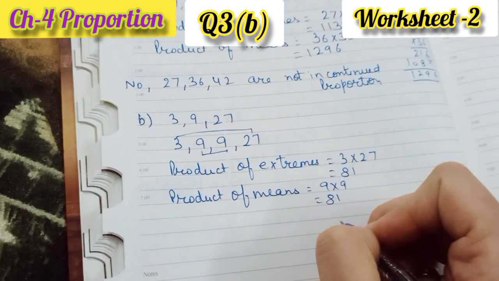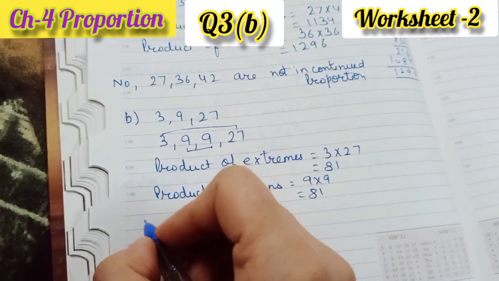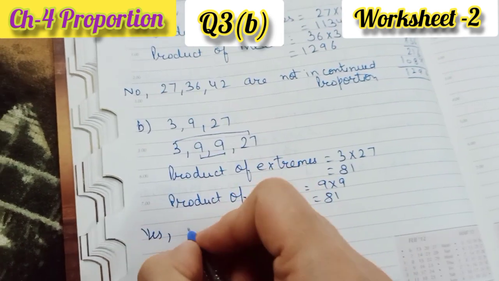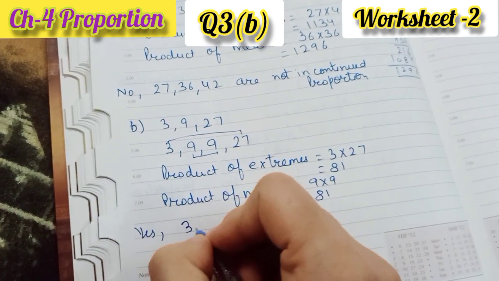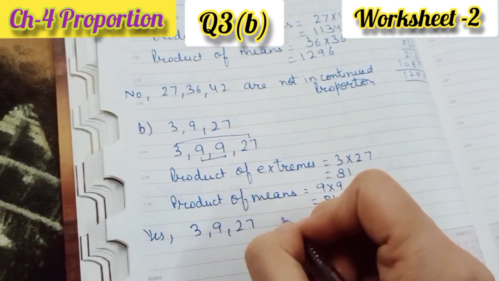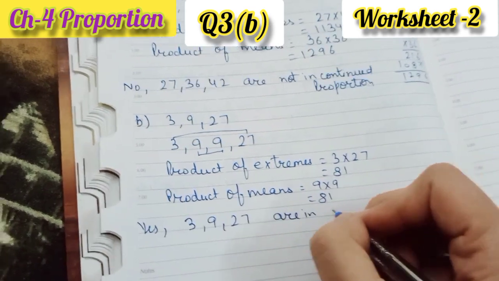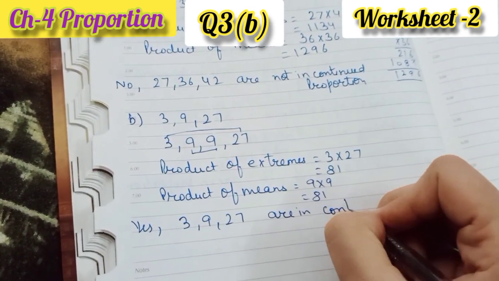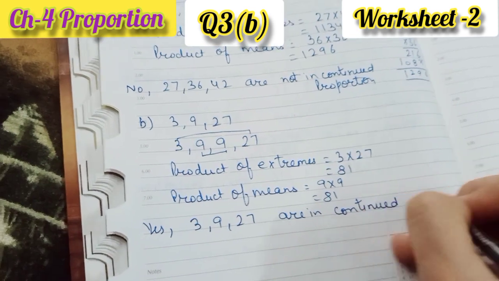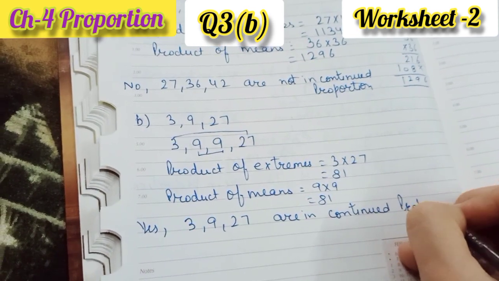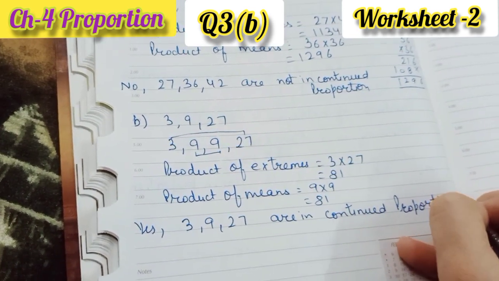So we get equal quantities, so we can say that yes, 3, 9 and 27 are in continued proportion. In continued proportion, we write 3 terms only.